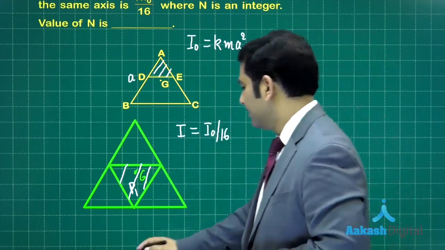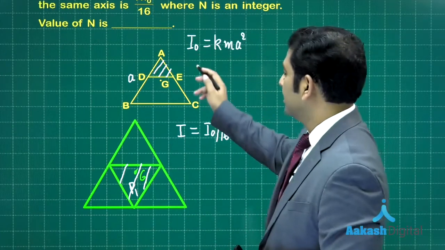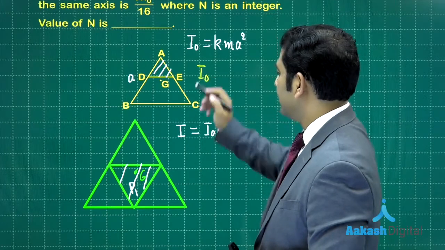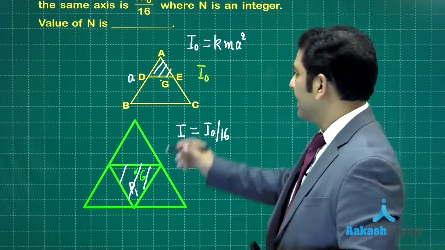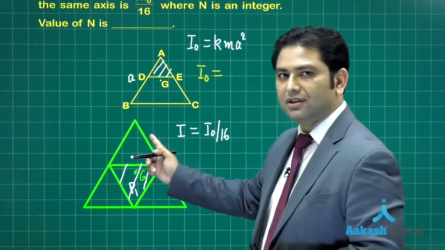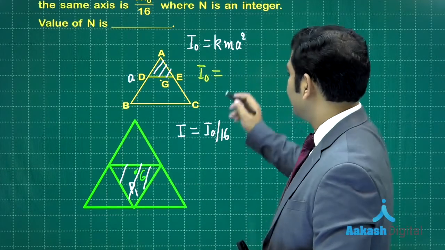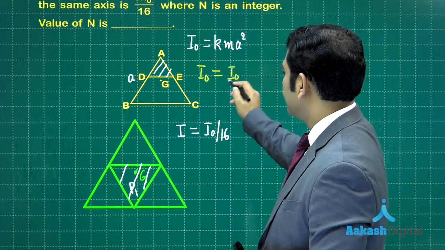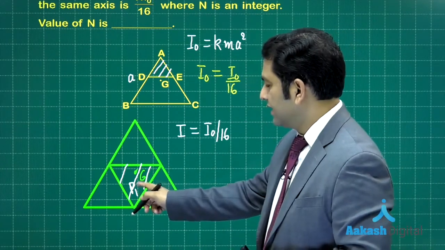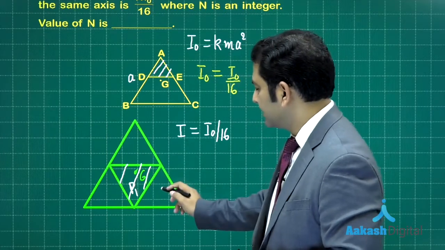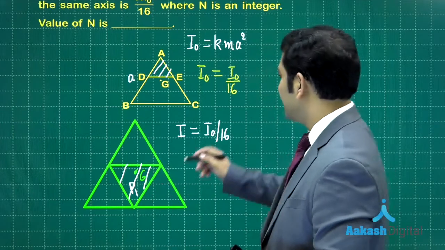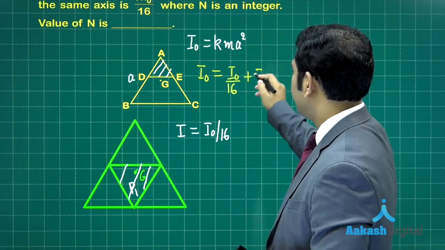Now coming back to the original story. The entire plate, the moment of inertia is I naught, right? And that is the sum of the moments of inertia of all these 4. For the central one, we have already said it is I naught by 16. And all the others will have identical moment of inertia about G, so let me call that I dash.